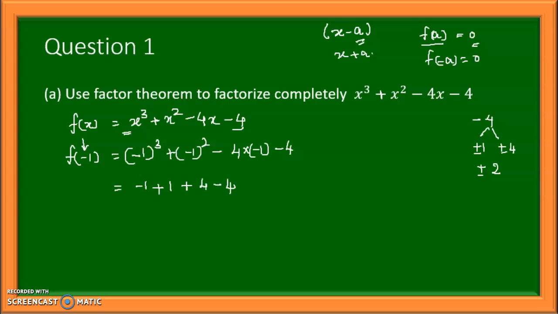Minus 1 plus 1 is 0, 4 minus 4 is also 0, so we are getting 0. Therefore x plus 1 is a factor of f of x. Now we need to divide this cubic polynomial by this factor. So let us do that.